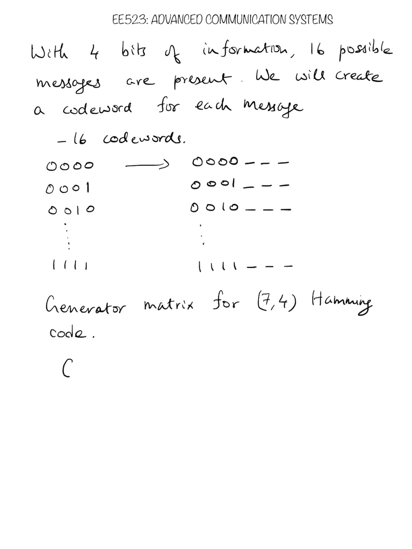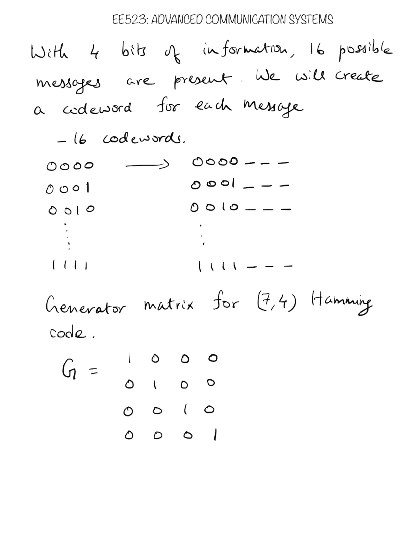The generator matrix we denote as G, and it is of the form 1 0 0 0, 0 1 0 0, 0 0 1 0 and 0 0 0 1. If you notice this part of the matrix, it is an identity matrix. It has ones along the diagonal, and everything else is 0.